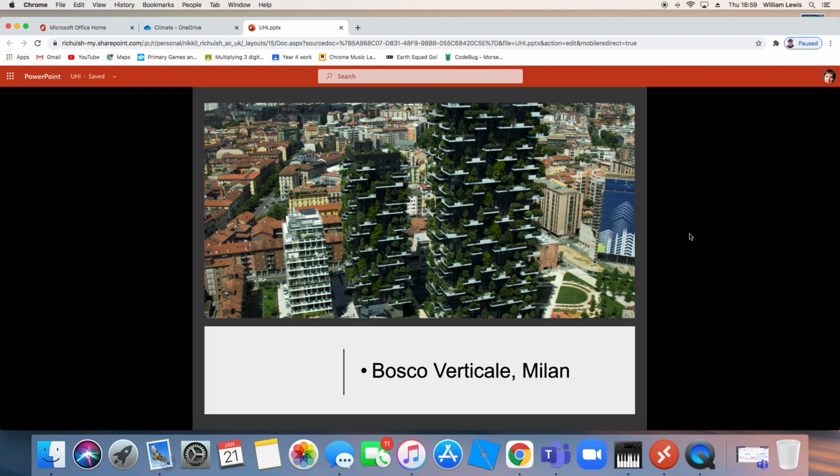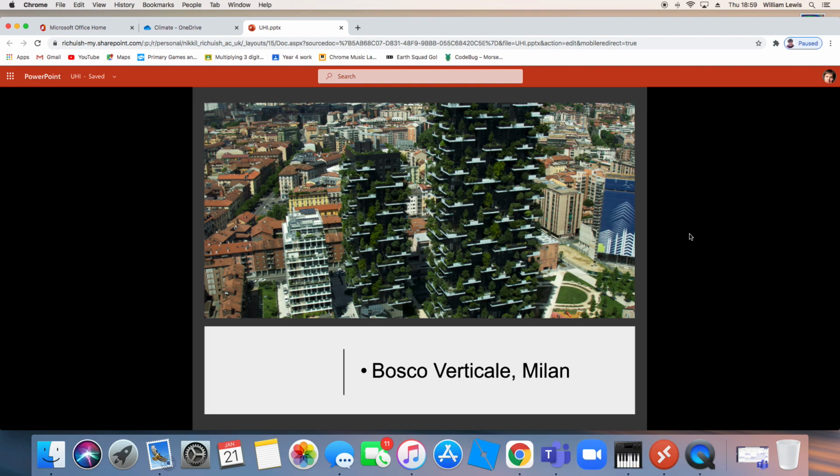This is a super cool example, and this really is a name drop. This is real, this is not a computer generated image. This is Bosco Verticale, which translates into vertical forest. Sounds much cooler, doesn't it, in Italian? Bosco Verticale. These are residential buildings that are covered in plants.